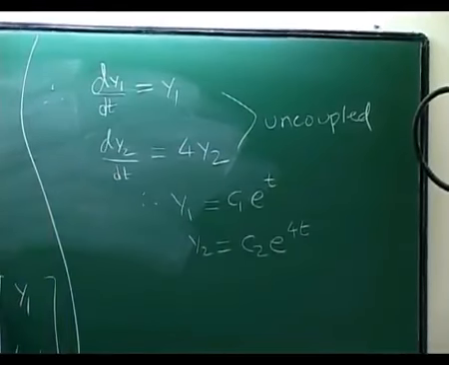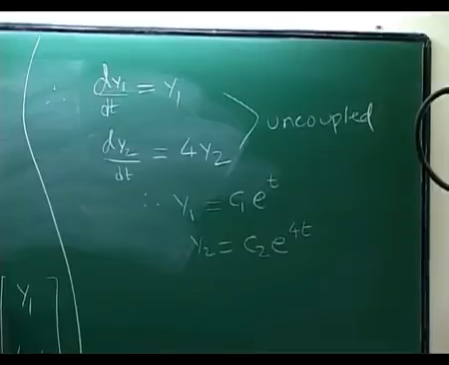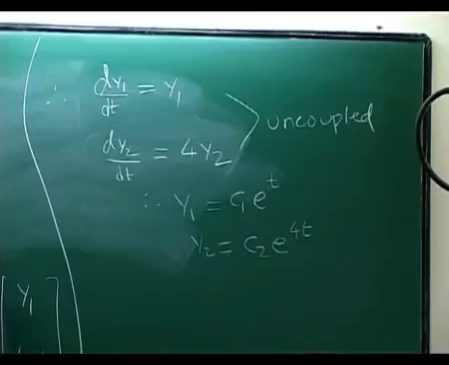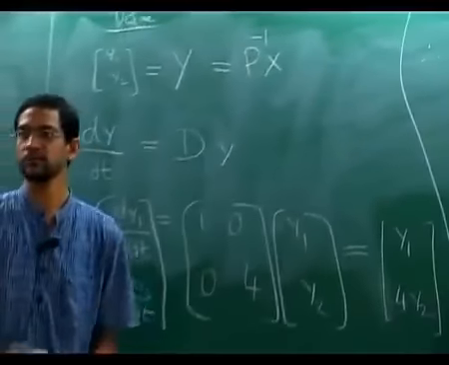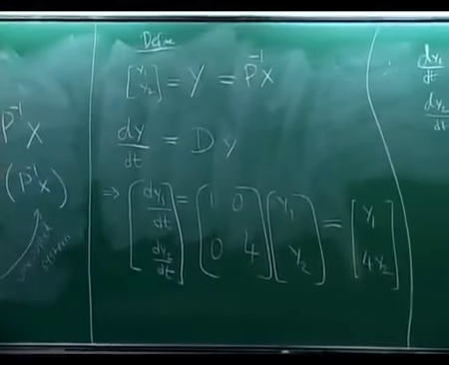Okay, so let us just check that this y1 y2 is the same as the y1 y2 that I gave you in the beginning. We know what y is, right? How is it defined? You take P inverse times x. That's the definition of y. So let's calculate y.